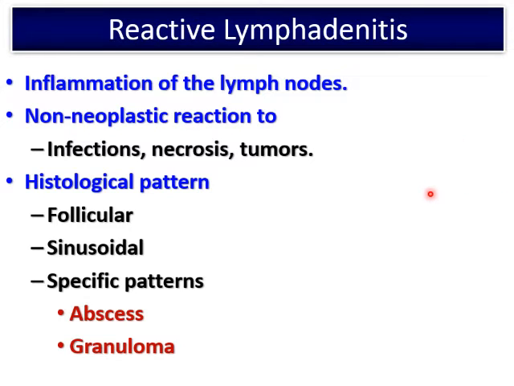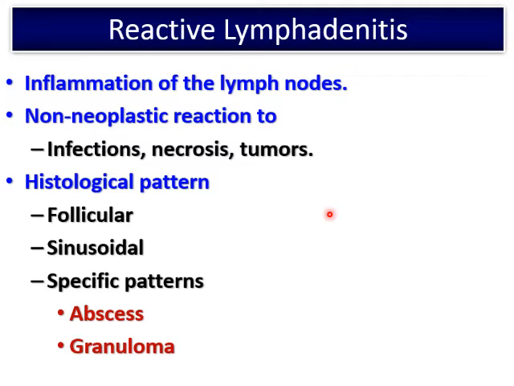At first, we will talk about reactive lymphadenitis. Reactive lymphadenitis means inflammation of the lymph node. It is a non-neoplastic reaction to the presence of infection, either viral infection, bacterial infection, or other types of infection, or it may be due to reaction to necrosis or reaction to a tumor.